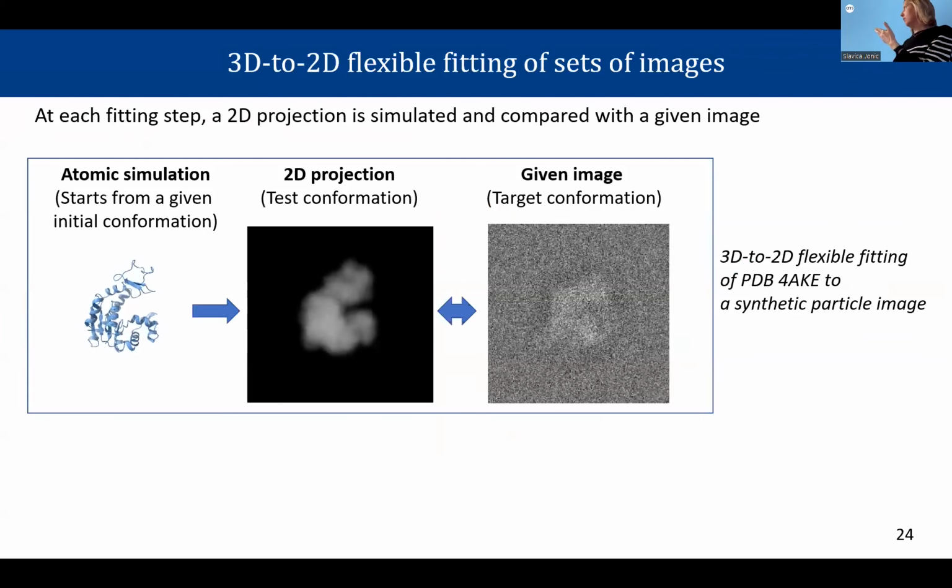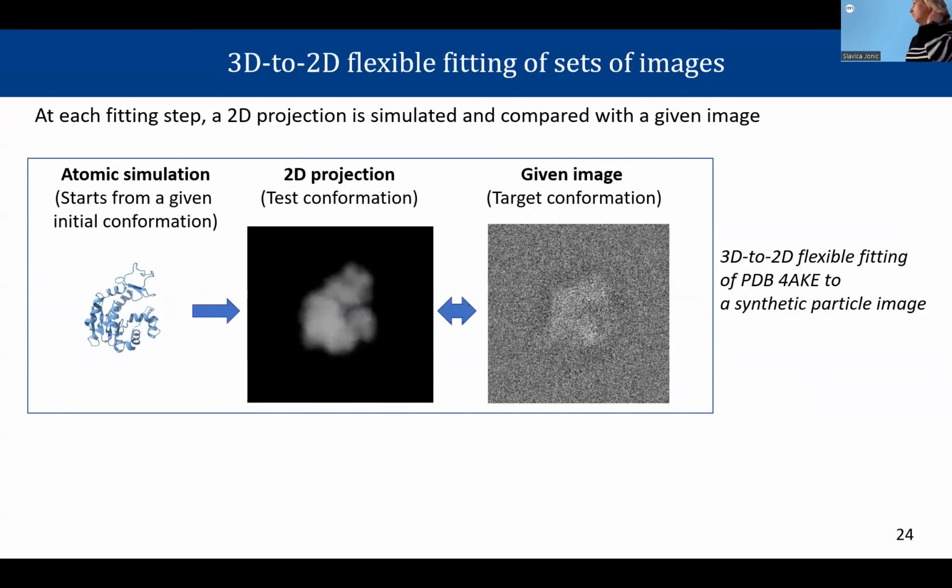And now we just extended all these principles to 2D image analysis. If you understood the principles of 3D to 3D flexible fitting, then 3D to 2D is easy, because the only difference is that we now need to project this model along the way and compare with the given image.